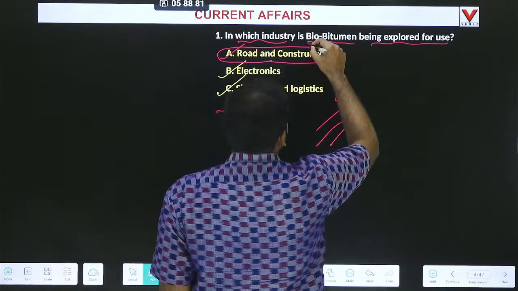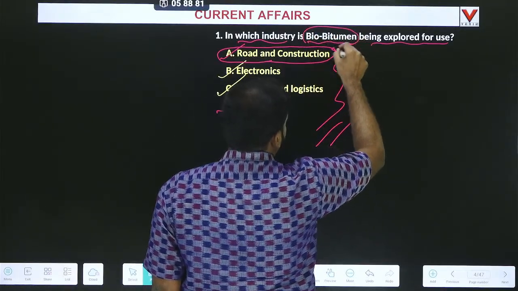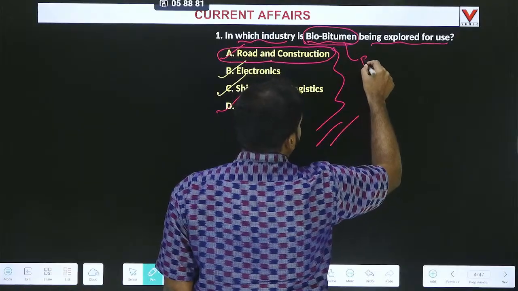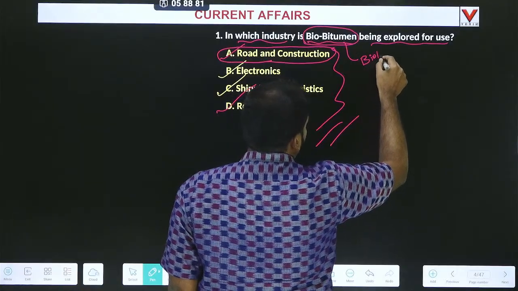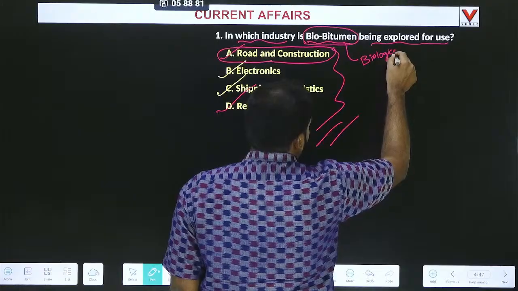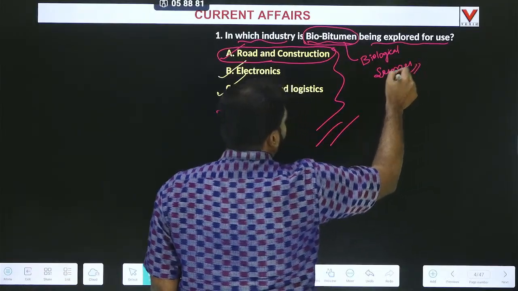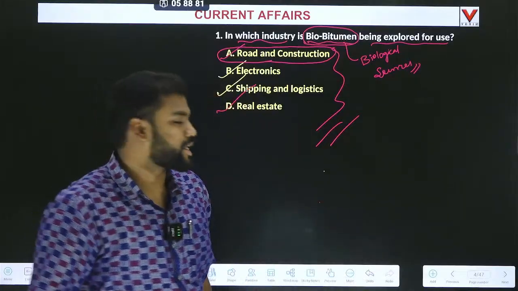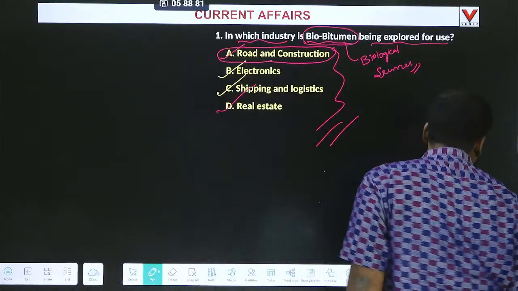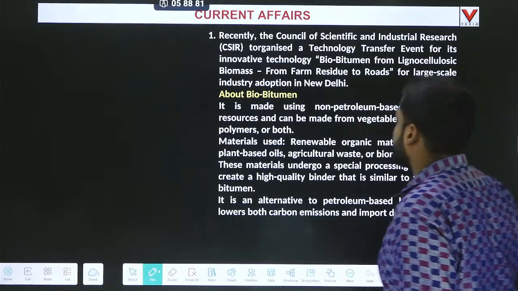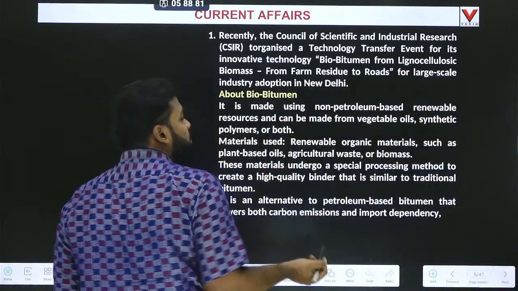See, biobitumen is derived from biological sources. That's why the name biobitumen. Biological sources means organic sources, right? We have to read about the details. Why is biobitumen recently in the news?